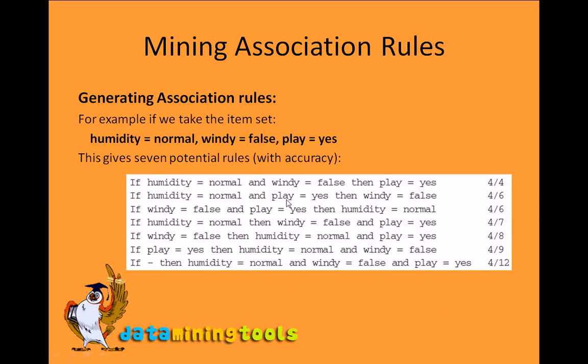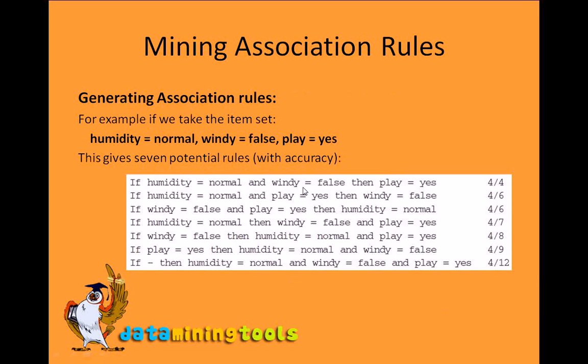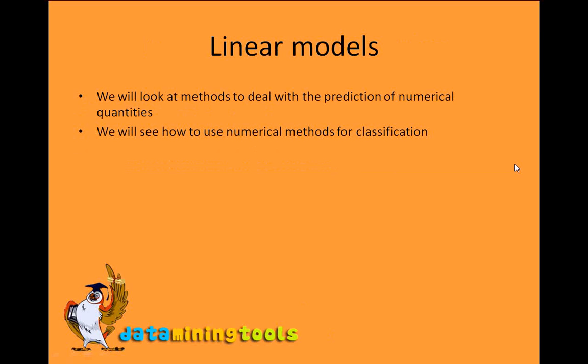So these are the 7 potential rules which we have. And basically we can select any number of rules from here, provided they give us a minimum coverage and a minimum accuracy, which we mentioned in the beginning. So this is how we generate association rules.